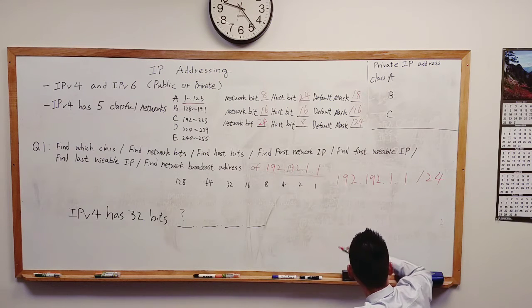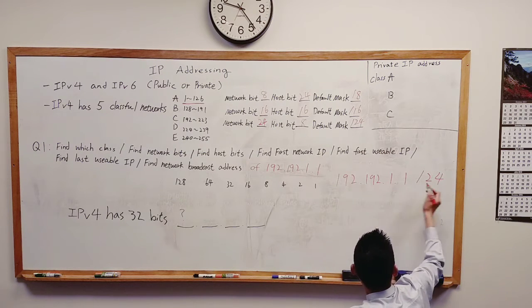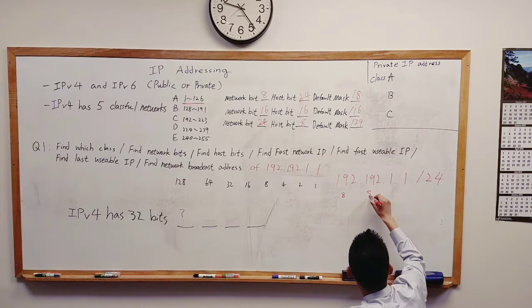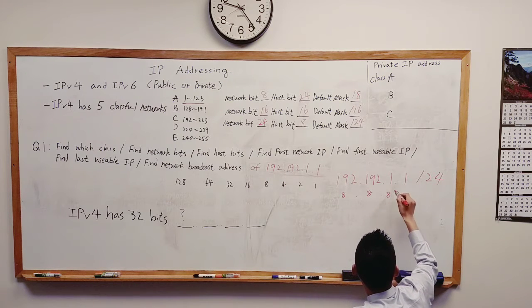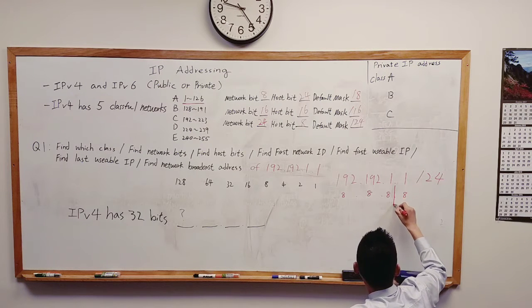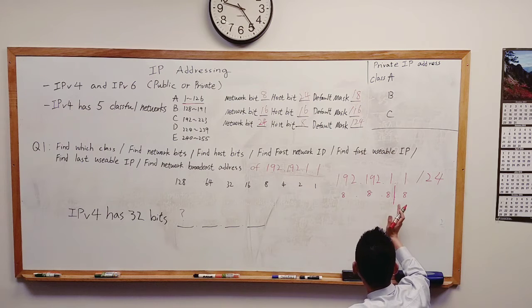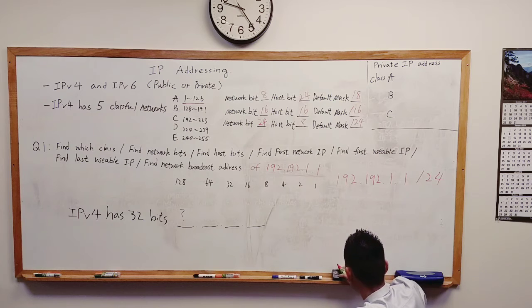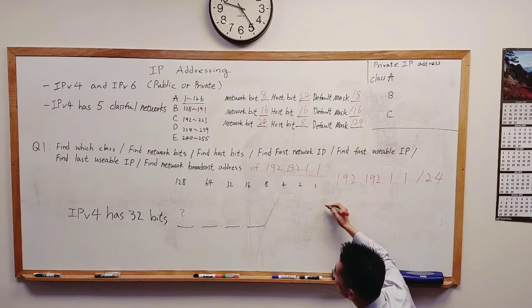Now, I just know /24, so here is 8 bits, 8 bits, 8 bits, and 8 bits. /24, so I'm going to draw a line here. Now, I'm going to put it in binary for you.